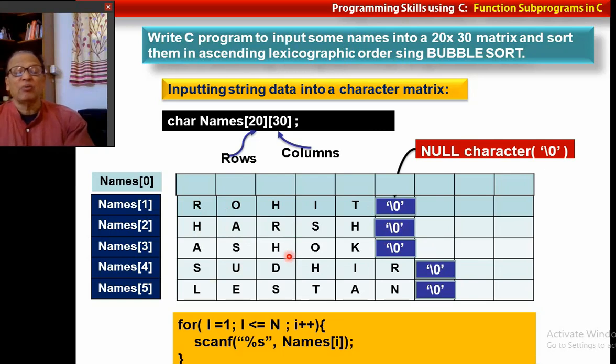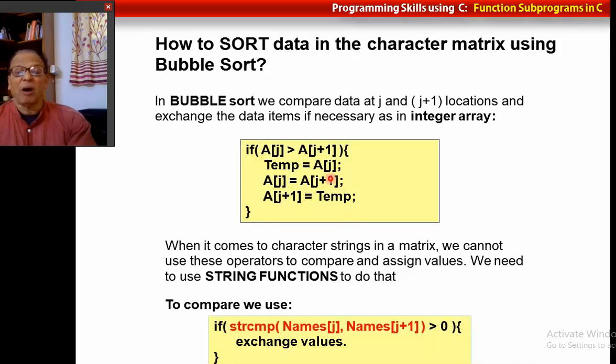My desire now is to arrange them in ascending order. That means Ashok will come first, then the next one, and so on, up to Rohit and Sudhir. So we have to do that. How are we going to do it is the question. We cannot use the conventional operators which we have used till now to compare numbers.